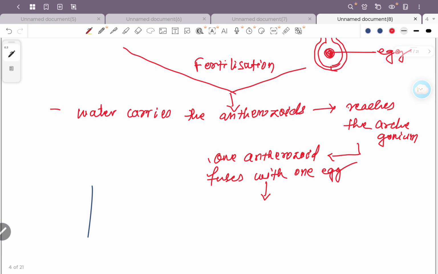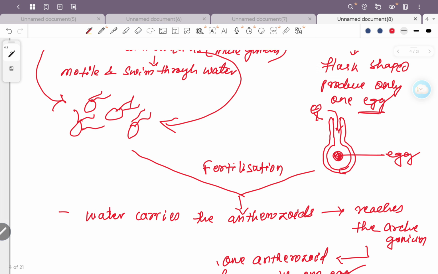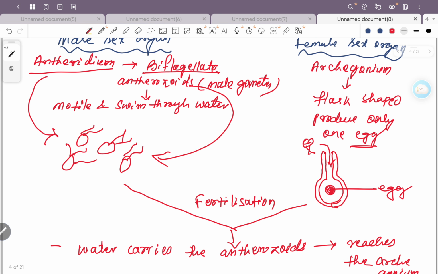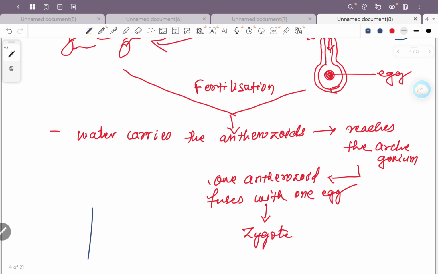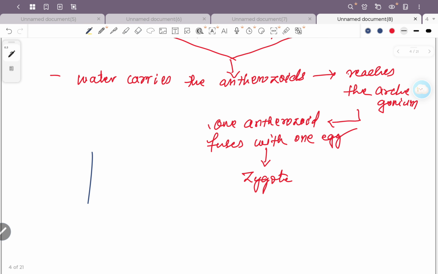As usual, a zygote is formed. Okay, now let me tell you what the ploidy is of the antherozoids. Remember, the antherozoids are haploid, and the egg is also haploid because they are the male and female gamete. So by the fusion of the male and female gamete, what is produced? The zygote is produced, and this zygote is 2n, that is diploid.